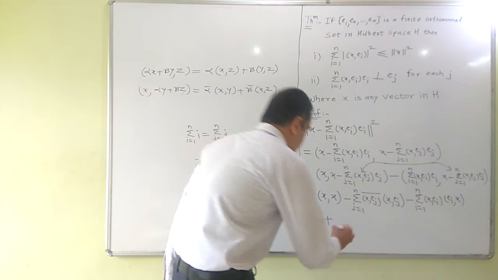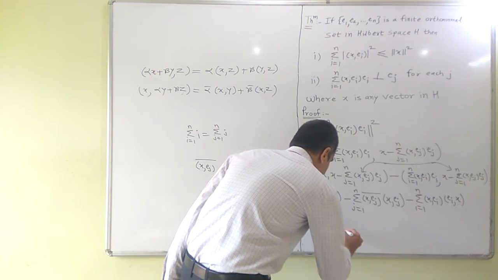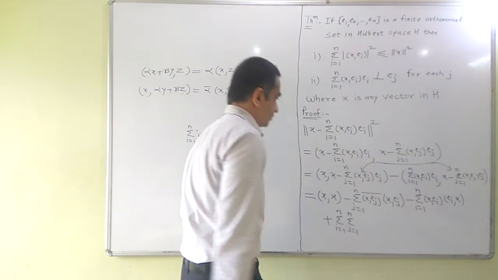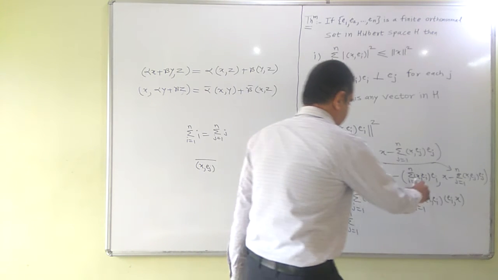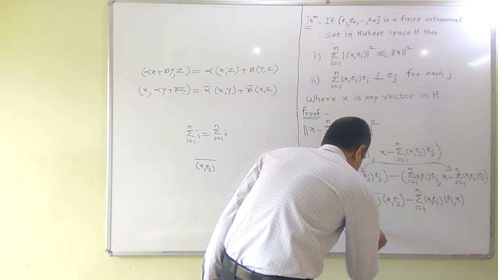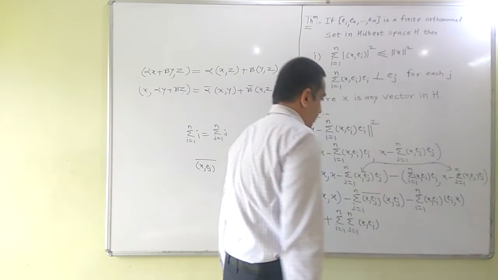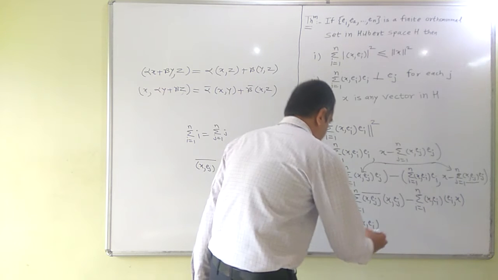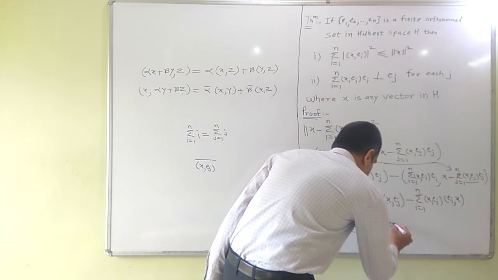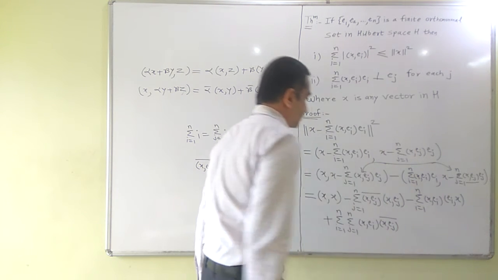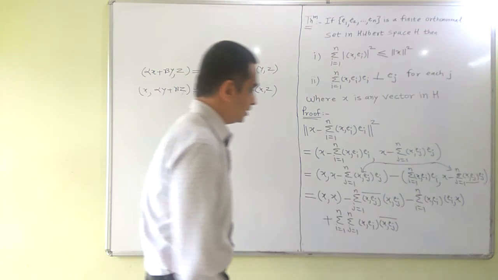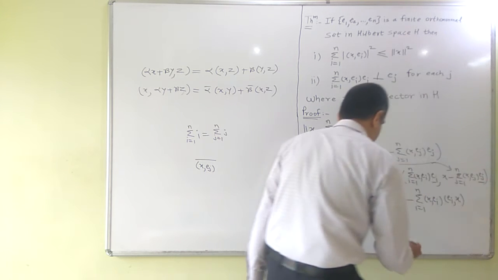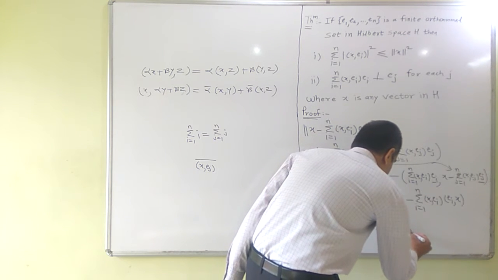We will have two summations, i equals 1 to n, j equals 1 to n, of inner product x, ei, then this scalar will be conjugate, inner product x, ej conjugate, and what we will have is the inner product of ei and ej.